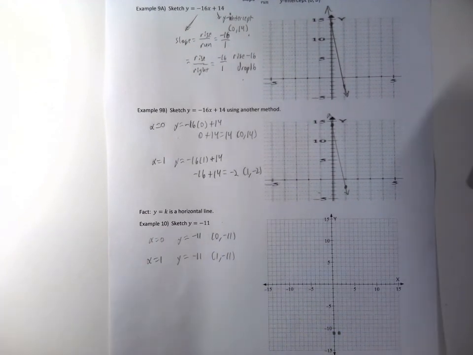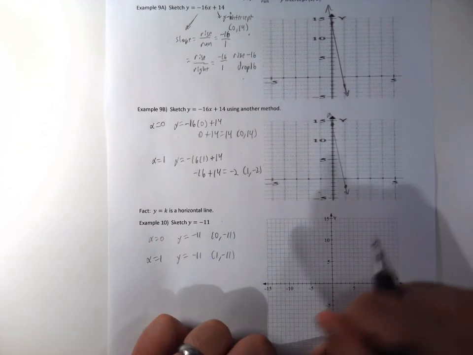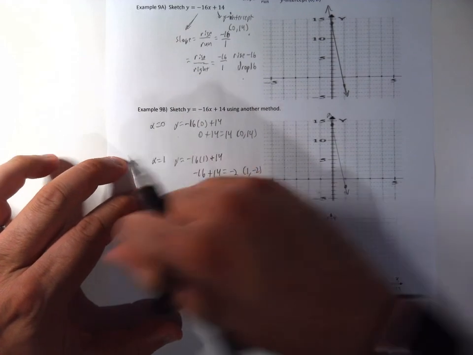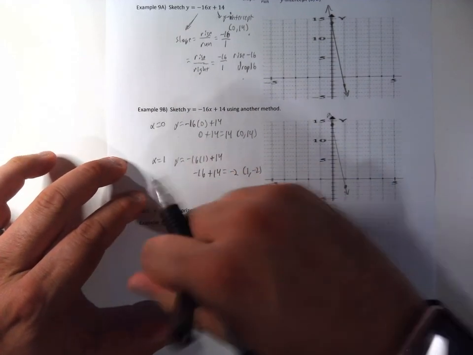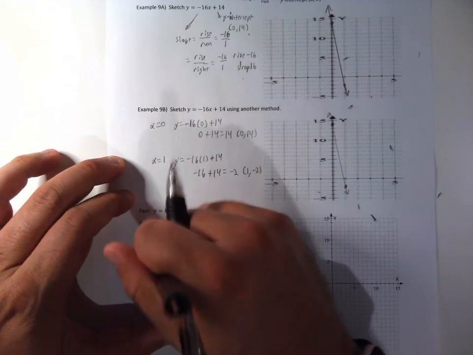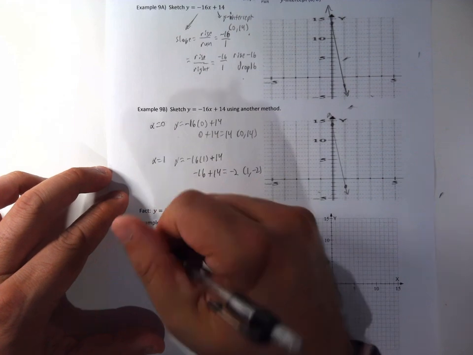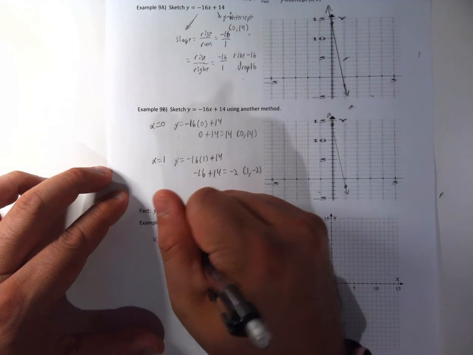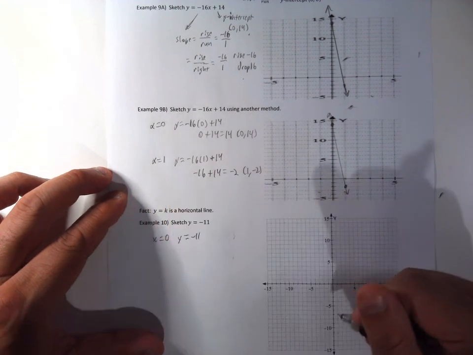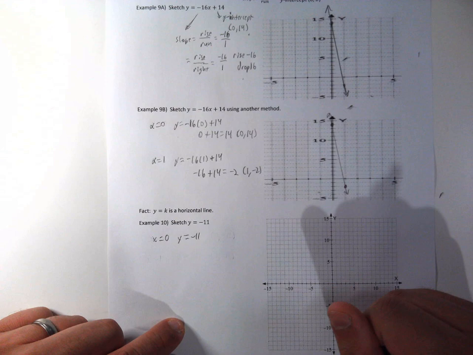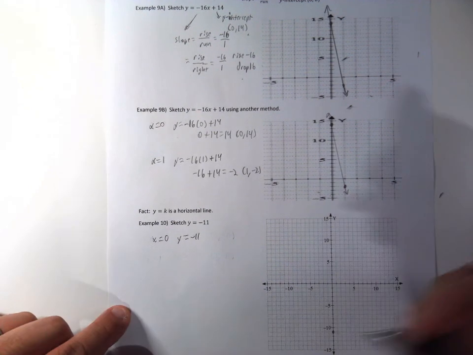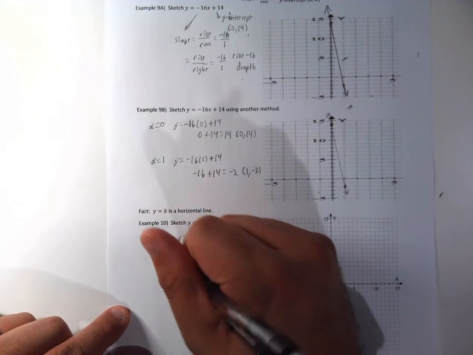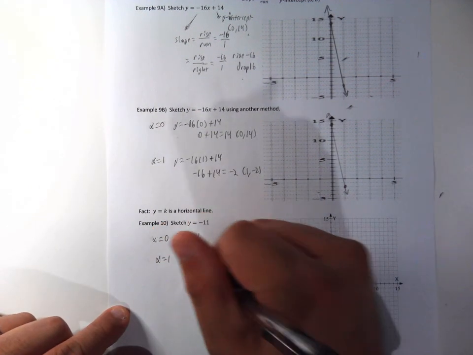I'll do that again from scratch since the bottom wasn't visible. So if x equals 0, y is negative 11. So that's the y-intercept, 0, negative 11. Now if x equals 1, y still equals negative 11.